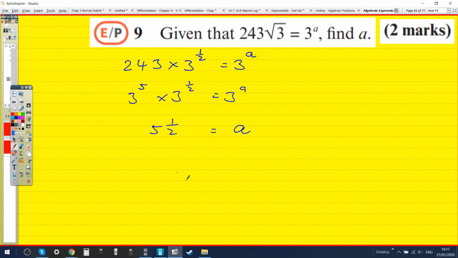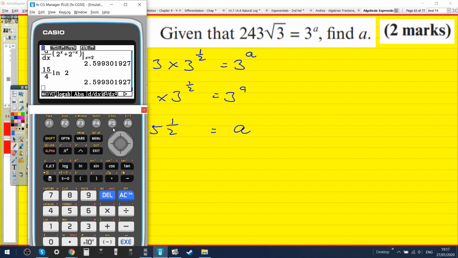Let me just try something here. Option calc, solve n. 243 shift root 3, shift equals 3 to the power of x for convenience, equals 11 over 2.